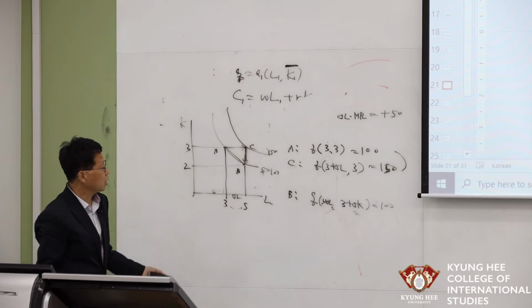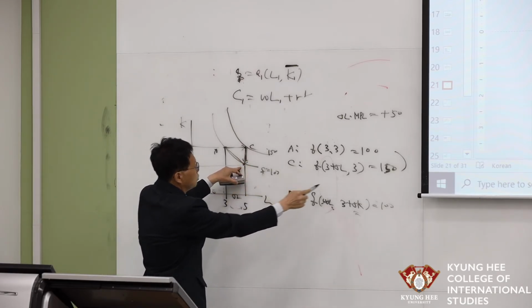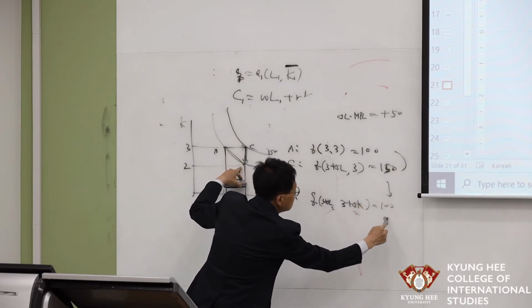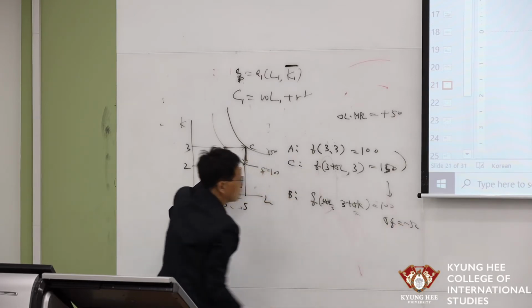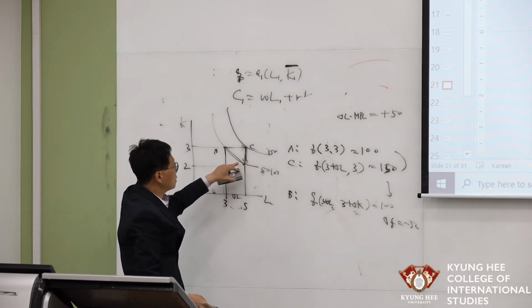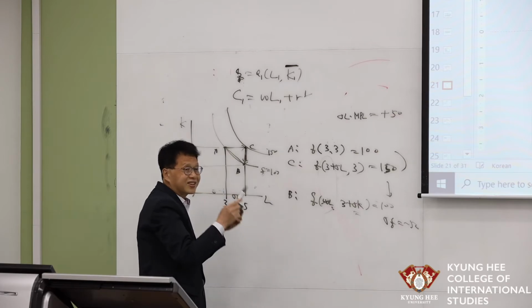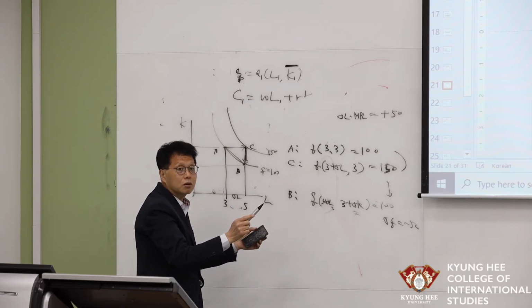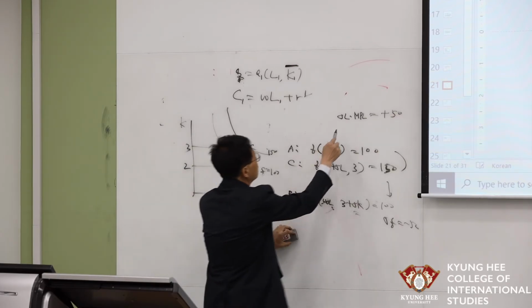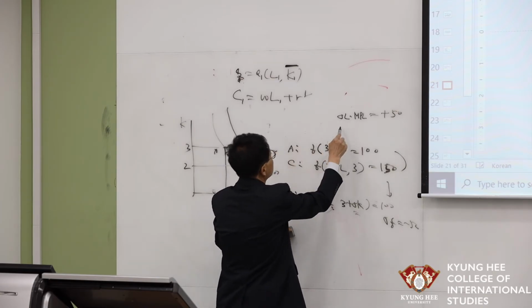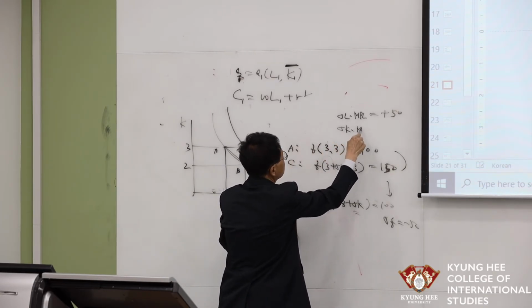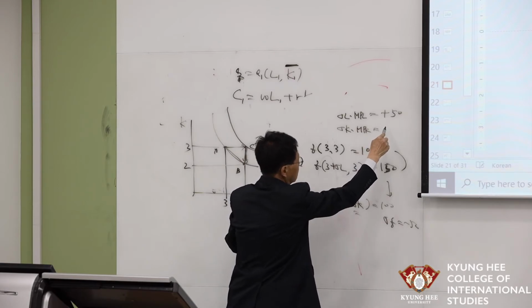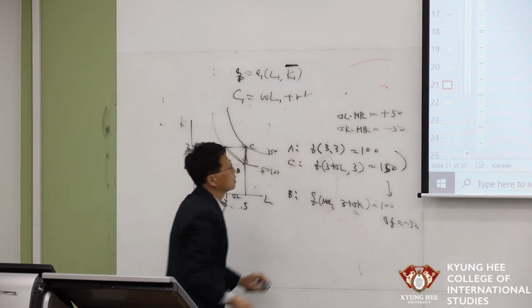Then what happened? Moving from here to here, change in Q is minus 50. Why did that happen? Because you hire less capital than before compared to point C. So movement C to B is change in K times marginal product of capital, which is minus 50.